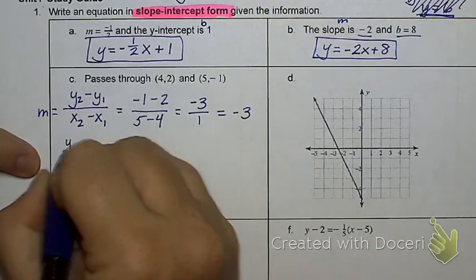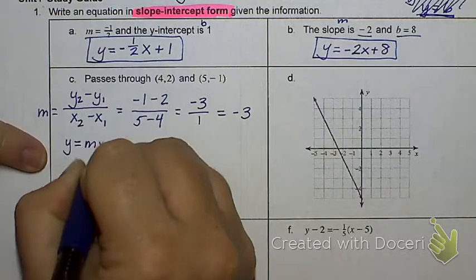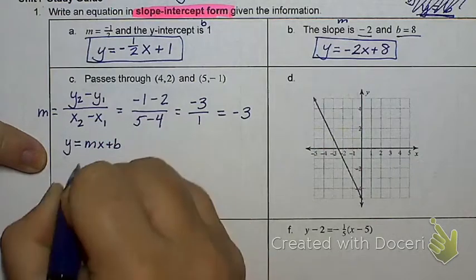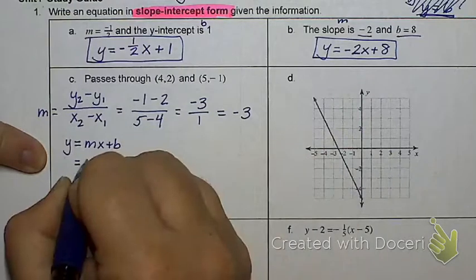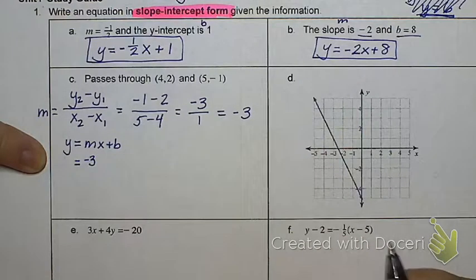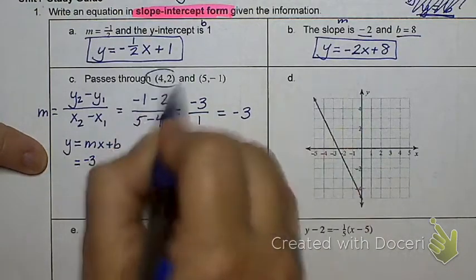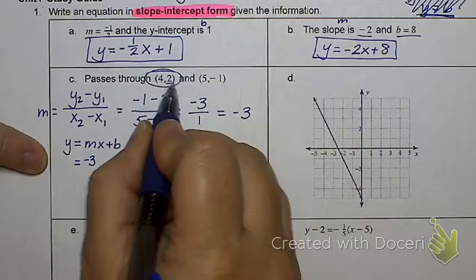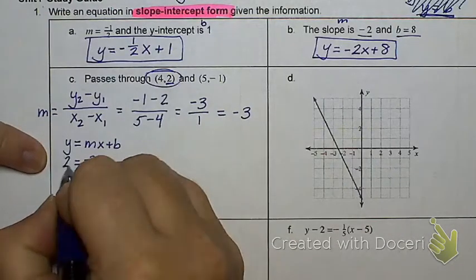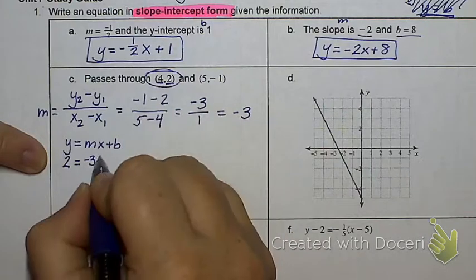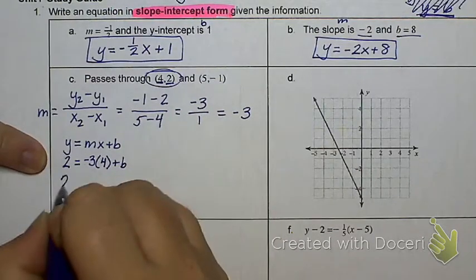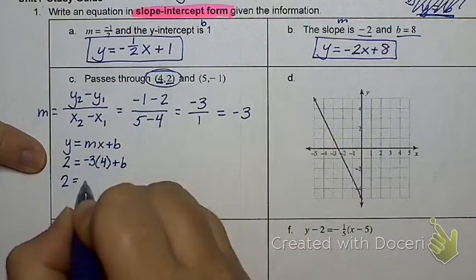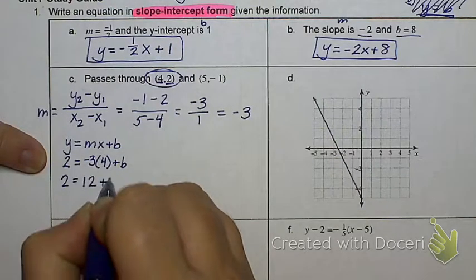I know that the equation is y equals mx plus b. I know that m is negative 3. So how am I going to find b? Well, pick a point, plug in the y value for y and the x value for x, and you can solve for b. Negative 3 times 4 is 12.